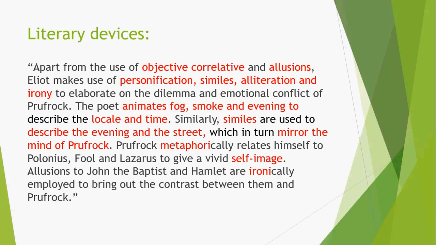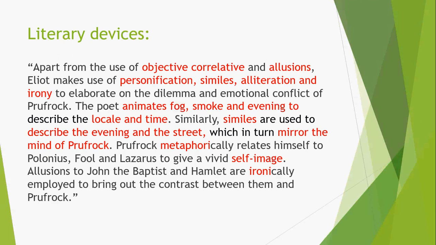There is a lot of use of allusions. There is use of personification. We have similes, we have alliteration, we have the use of irony, and some examples are there in red. How the poet animates fog and smoke and evening. He says that the evening is like a patient who's lying anesthetized on a hospital bed. Then the fog is like a cat rubbing itself against the windowsill.